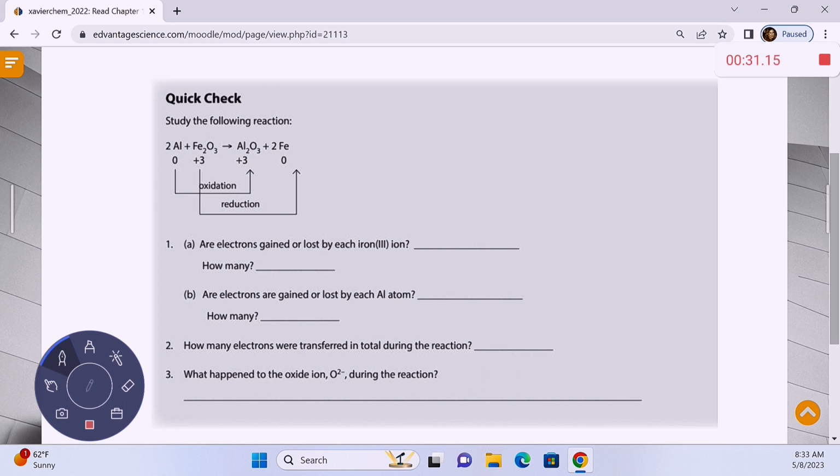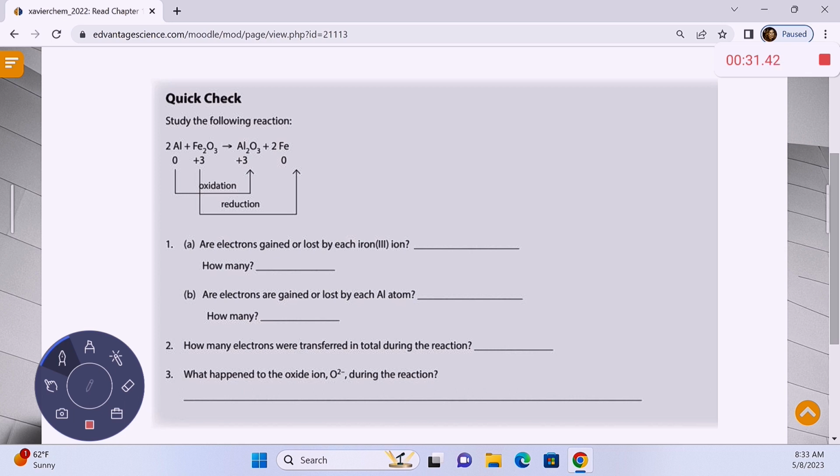How many electrons are lost by each ion? So iron, right? Yeah. Plus 3. So it loses 3, right? Oh wait, gained or lost? Okay, so they're lost. Wait.